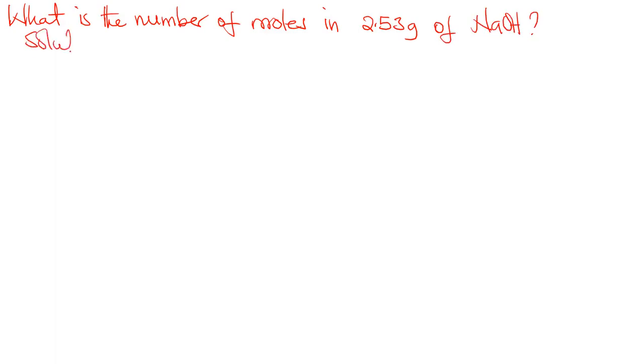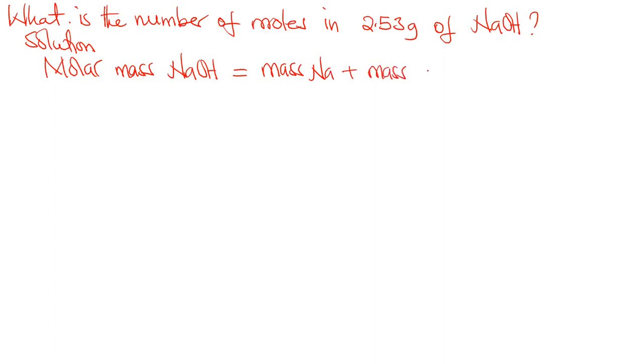So for this one, we also need to determine the molar mass. So the molar mass of sodium hydroxide is given by mass of sodium plus mass of oxygen plus mass of hydrogen, which is 22.99.